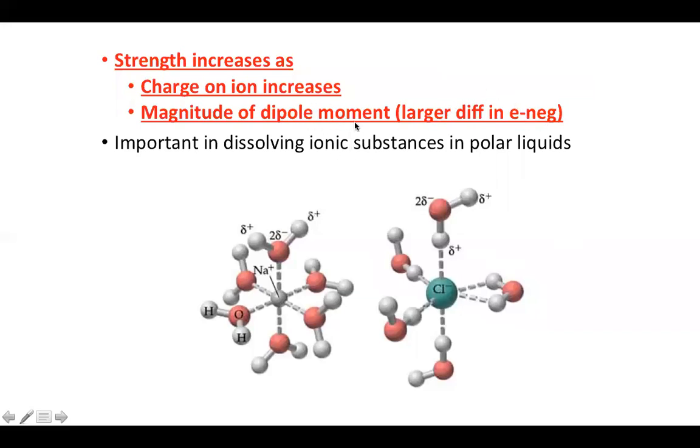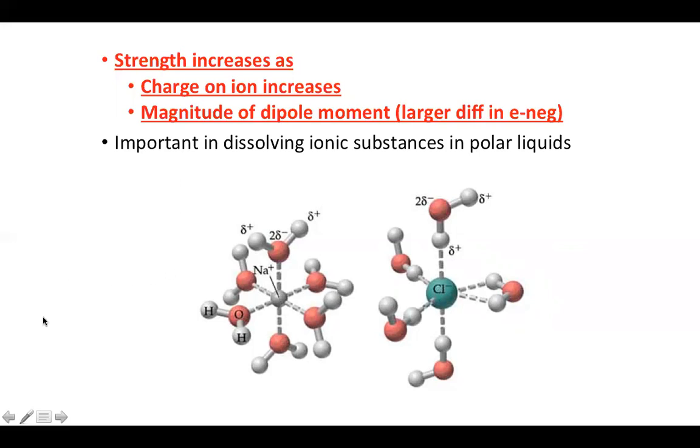The stronger the dipole moment. So the strength of those interactions is going to increase as the charge on the ion increases. So say if we're looking at that previous example, Mg2+ would have stronger interactions with HF than Na+.